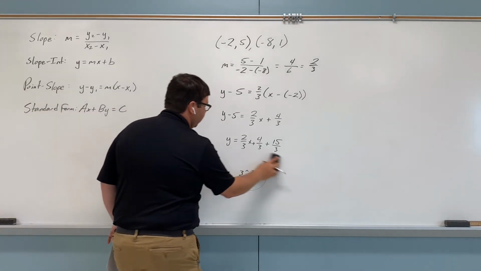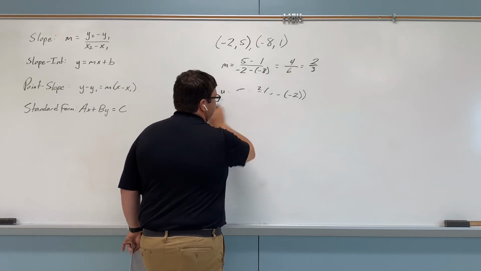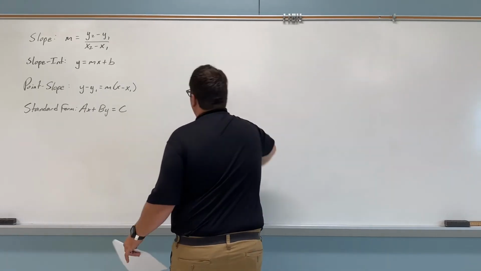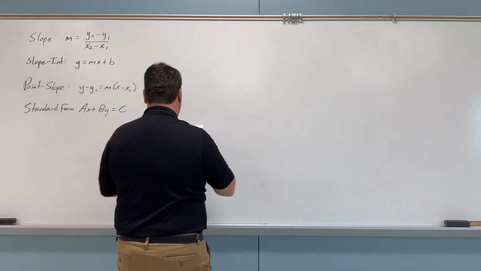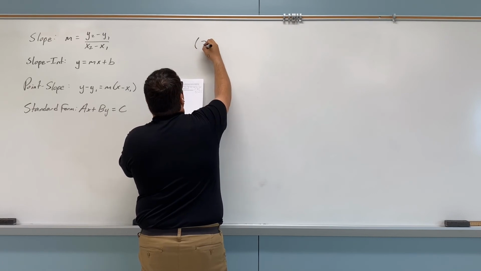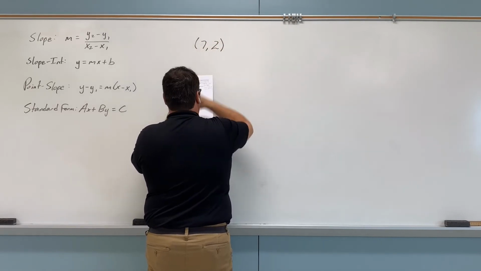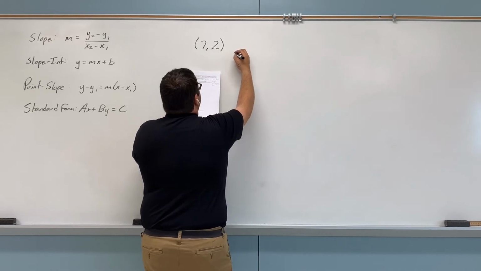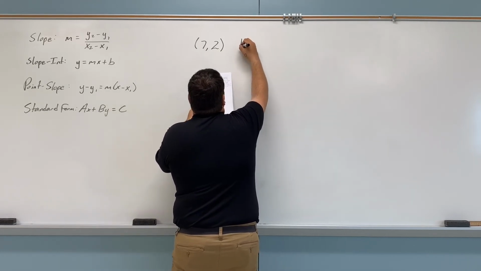Okay, let's try another one. We're going to step up that challenge just a little more, really force you to go through it. So I have 7/2, and I'm told that I am perpendicular.